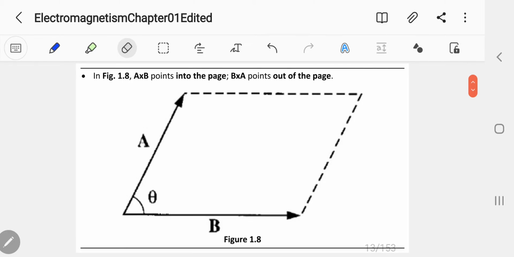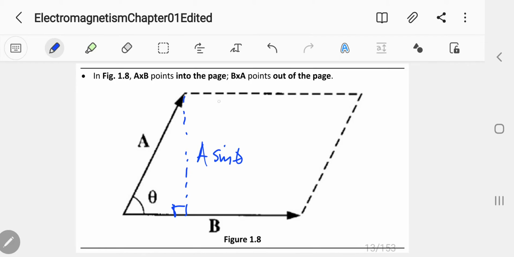Look at this. This is the geometric representation of the vector product. By the way, what is this line that I am drawing? This line is just A sine of theta.